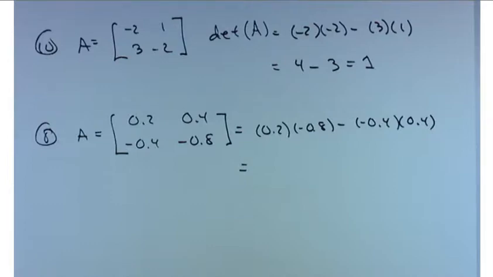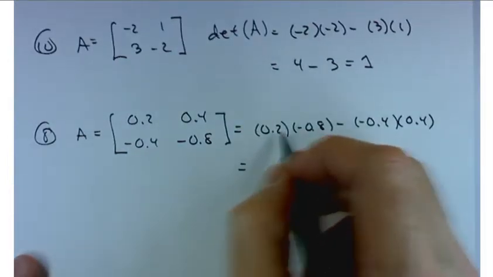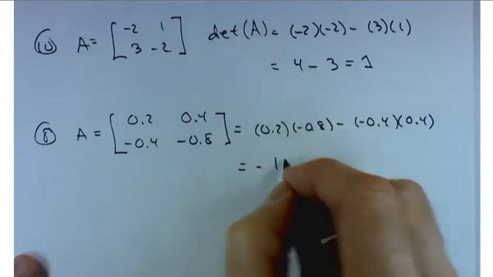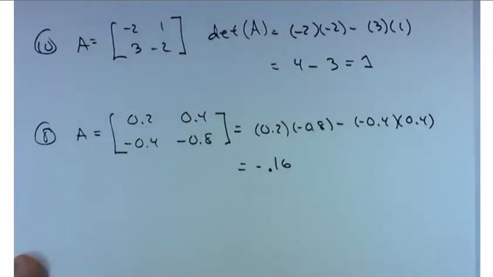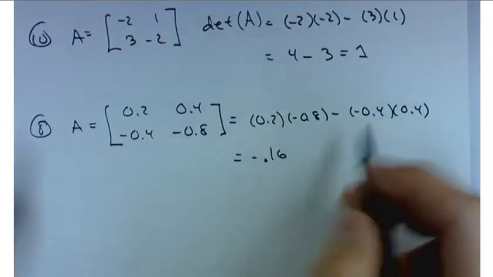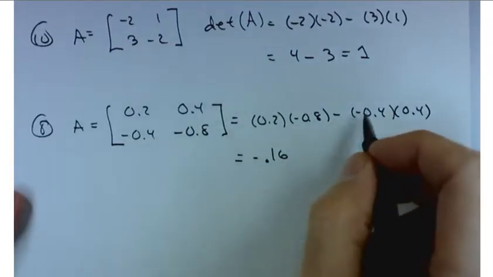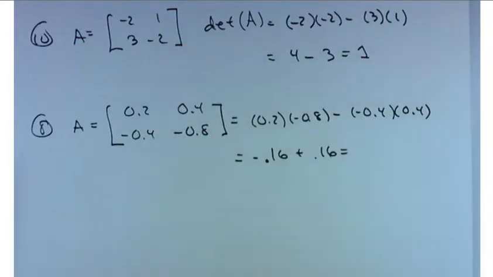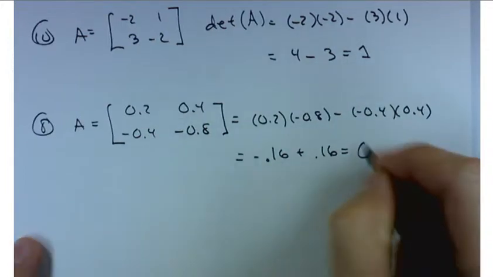So it's going to be a negative. 2 times 8 is 16, and there's 2 decimal places, so -0.16. A minus and a minus is going to be a plus. So what are you getting for this determinant? 0. Now that's going to become important later.